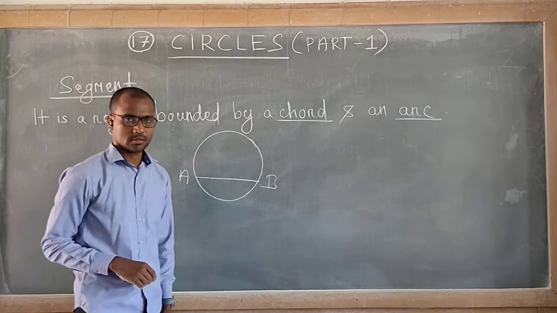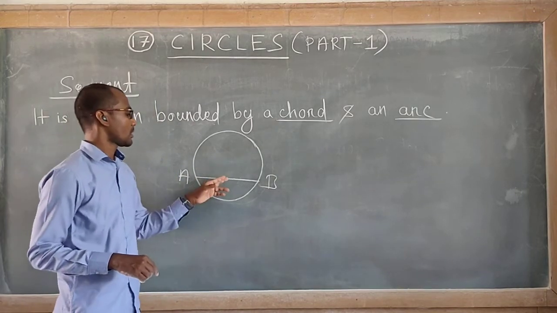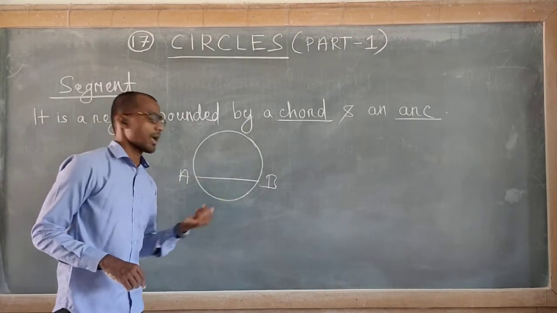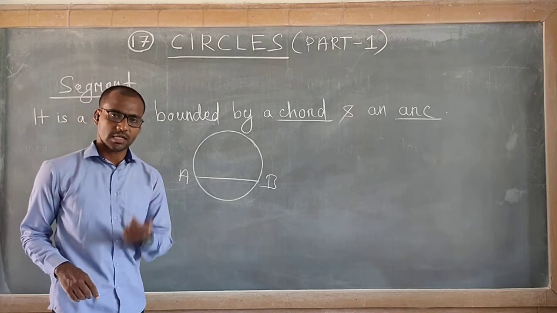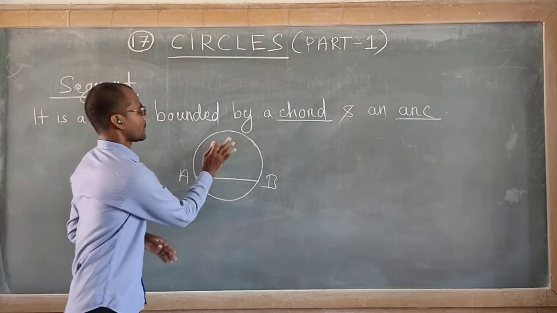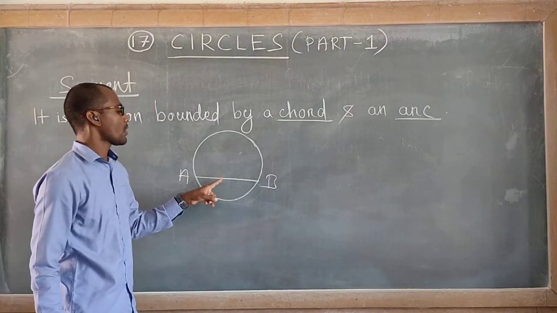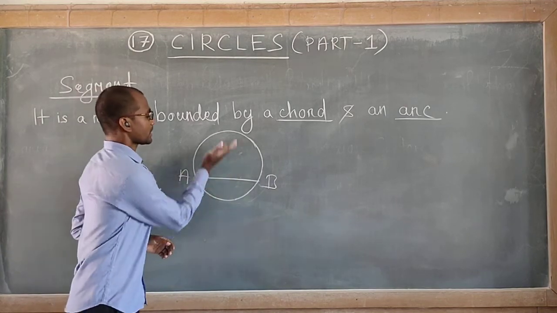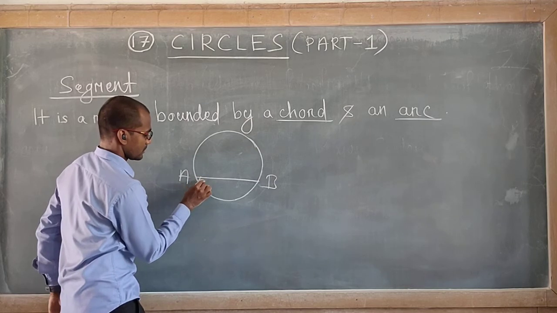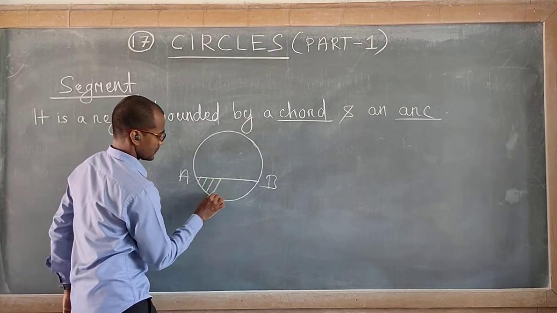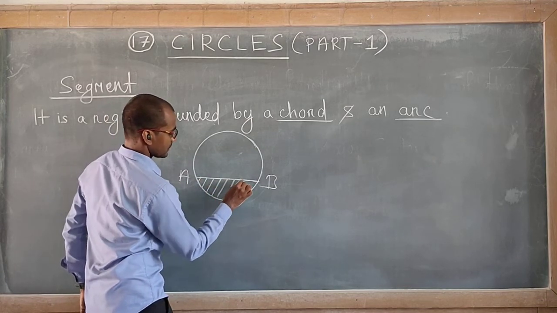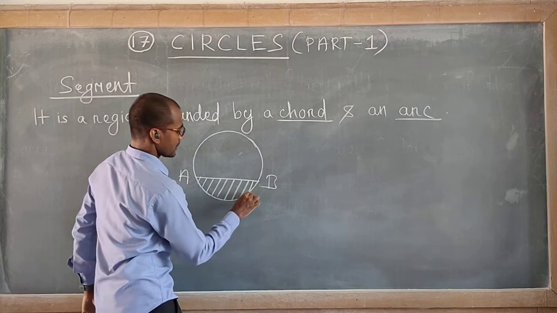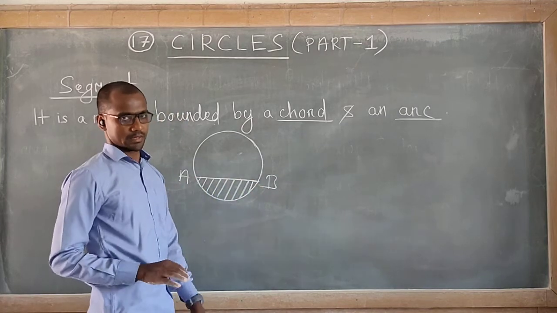It is the minor arc. The region bounded by the chord AB and the minor arc AB is the segment, the minor segment. And this is also a segment. You can see that chord AB is dividing the circle into two parts. This shaded region is a segment. The unshaded region is also a segment.